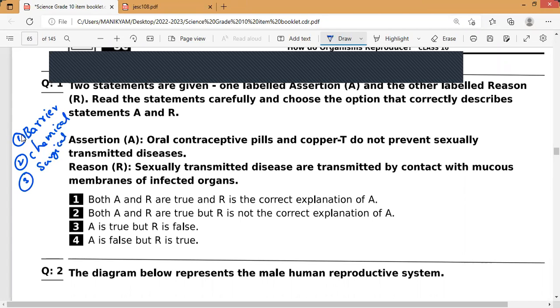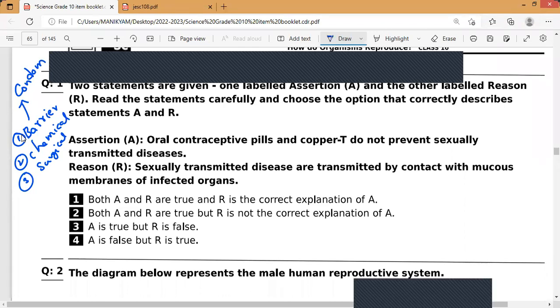If we take the barrier methods, females or males will use separate kinds of condoms, like Nirodh, or a diaphragm or cap, which is used by females. A condom is used by the male to prevent the sperms from meeting the ovum by acting as a barrier.